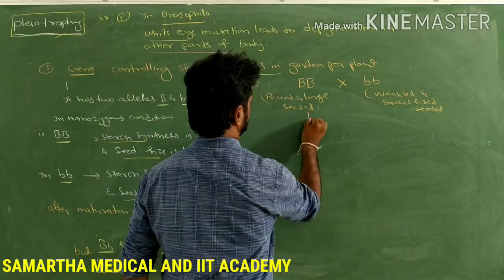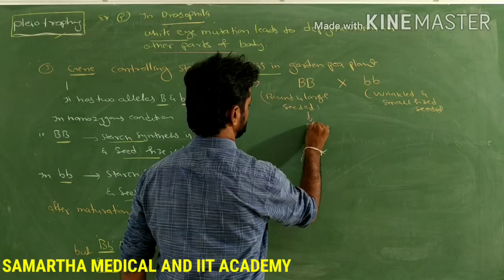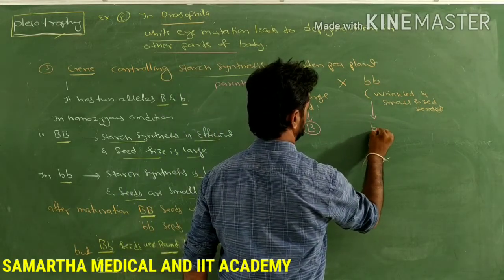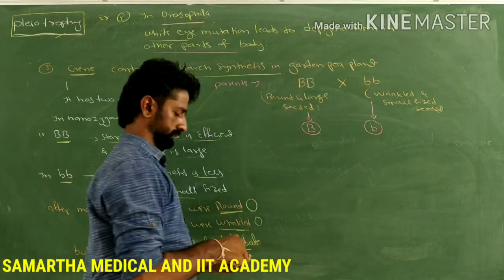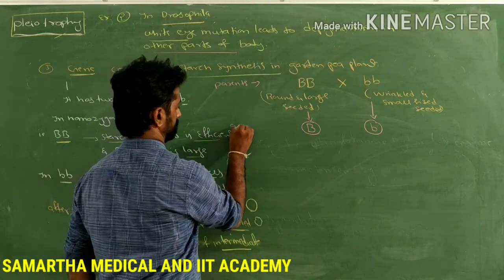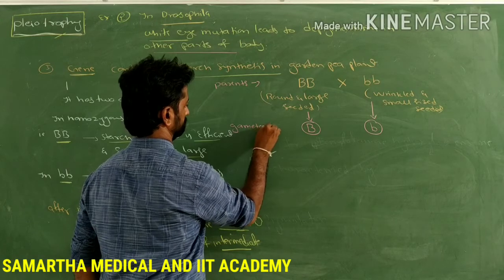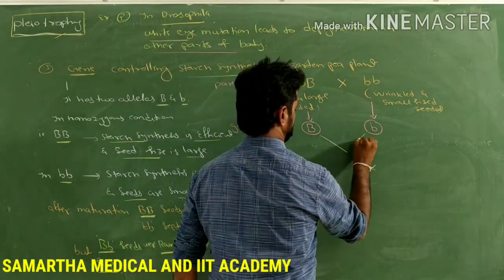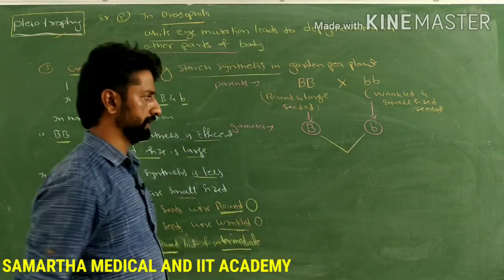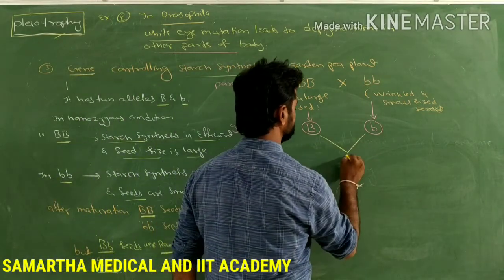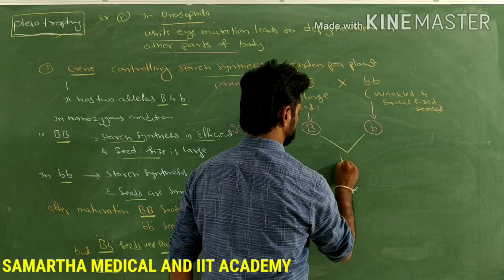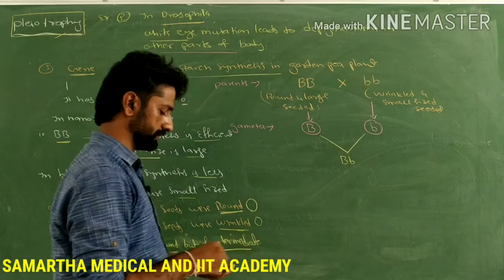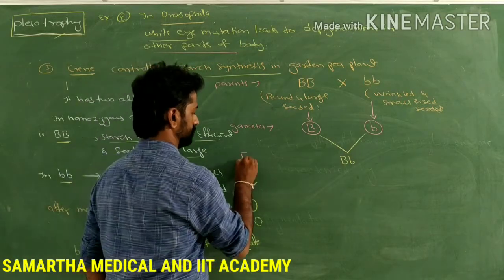When they produce gametes, only one type of gamete will be produced as they are homozygous. So when fertilization takes place between such two gametes, they produce the offspring which is called the F1 generation.